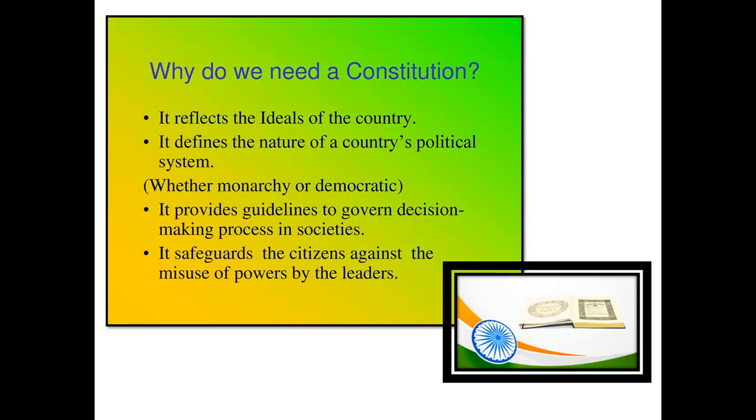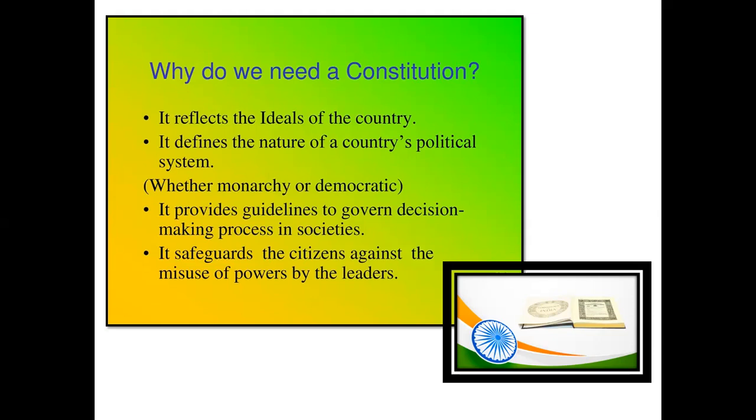No, there is a total process, and this process is also given in the constitution. If it is a monarchy, there will be no steps; a single person will take the decision. If it is democratic, there will be a lot of discussion with all the people before the decision is taken. So it gives the guidelines. The constitution tells what the process of taking the decision is.